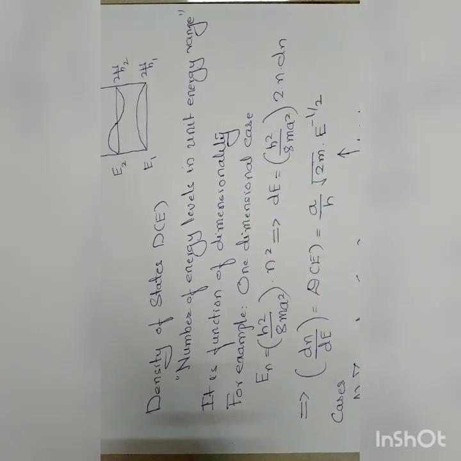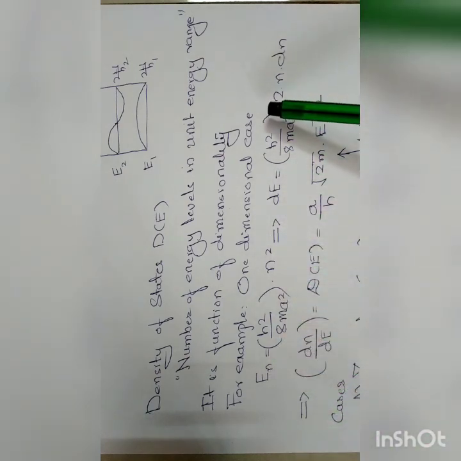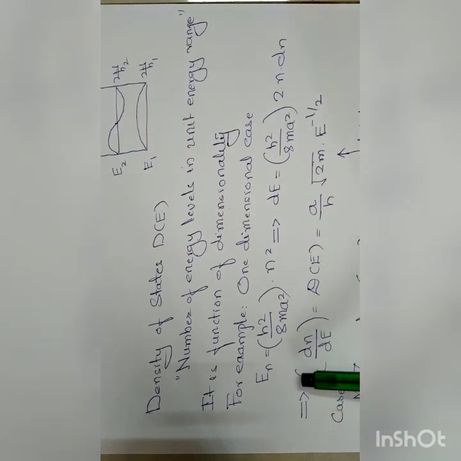Now we will try to calculate for the one-dimensional case, because we have already solved the problem of a particle in a box in one dimension. Therefore we calculate it, and for the remaining dimensions we will simply extend it. For example, in the one-dimensional case, we have written energy eigenvalues En equal to h square divided by 8m a square into n square.